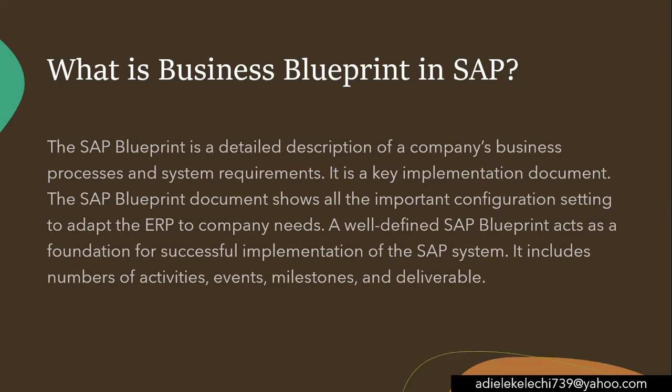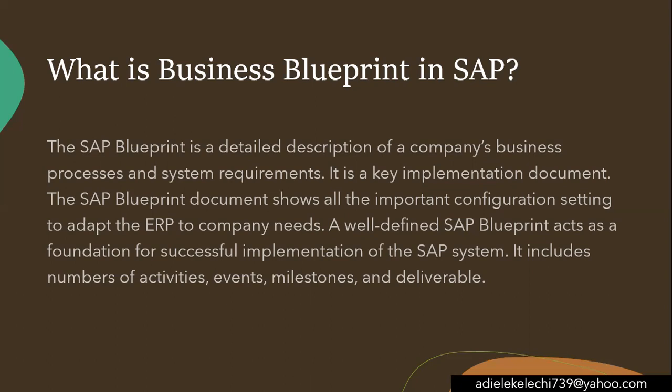You're going to see that when we display a sample business blueprint: the organizational structure, the various modules that will be implemented from the SAP point of view, and the standard requirements. And of course, we'll also look at where standard requirements do not fit into the project. We'll look at gap analysis.